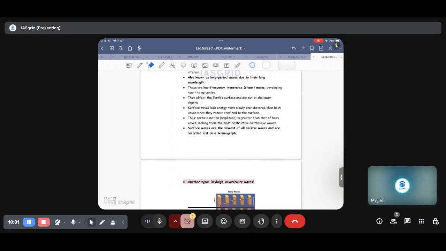And surface waves lose energy more slowly over distance than body waves since they remain confined to the surface. Yes, this is fairly understood that once they travel on the surface, they lose energy at a lesser pace as compared to body waves.